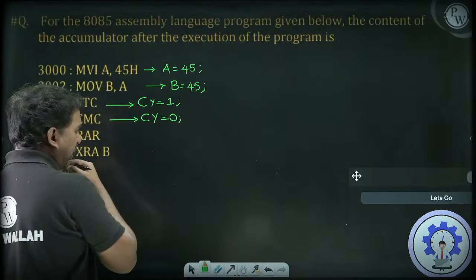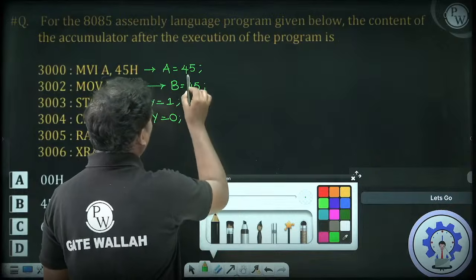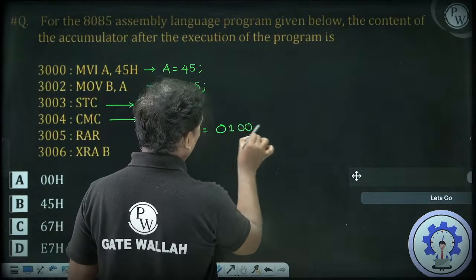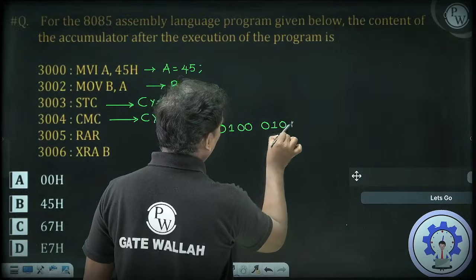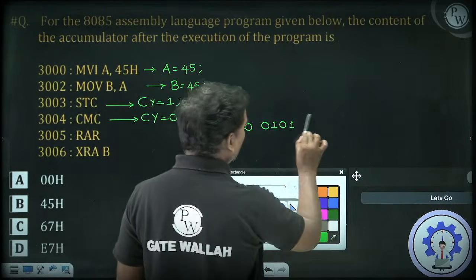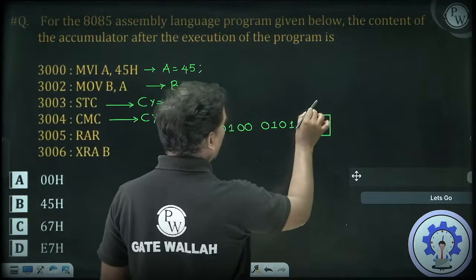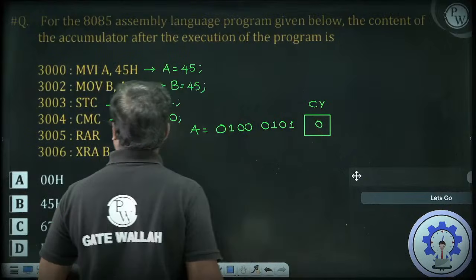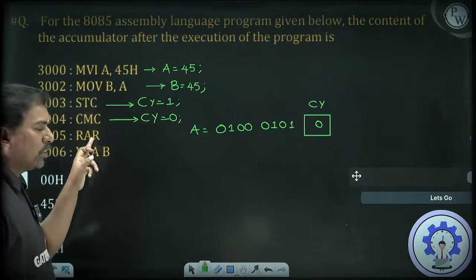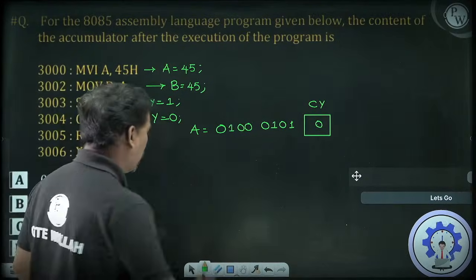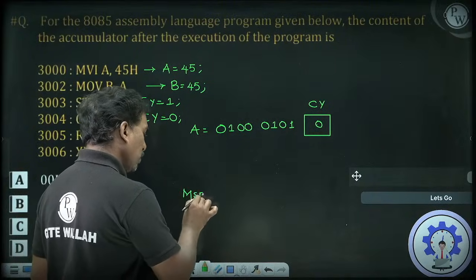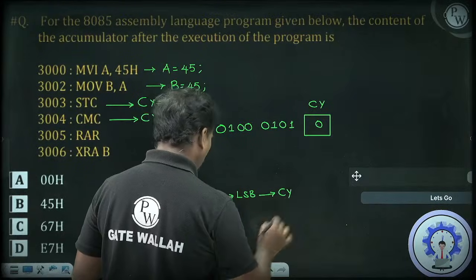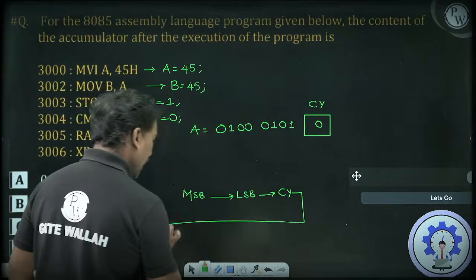Rotate accumulator to the right. So first let us take the accumulator. Accumulator is equal to 0 1 0 0 0 1 0 1. So rotate accumulator to the right. This is the carry flag, which has been made 0. In the instruction there is no carry, so you have to include the carry. So rotate accumulator means what? The MSB has to be shifted to the LSB, the LSB has to be shifted to the carry, so the carry will come to the MSB.